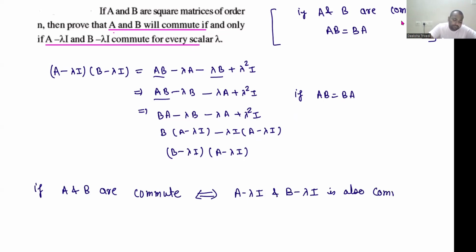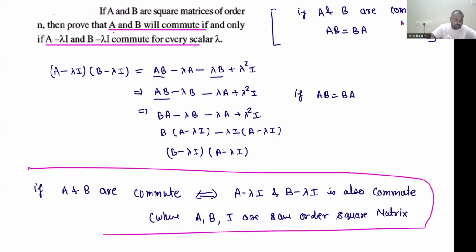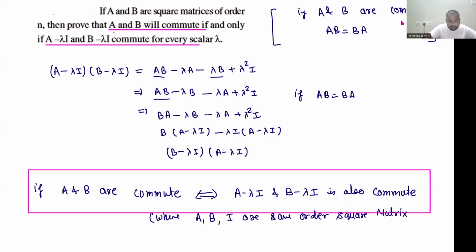Commute means commutative, for square matrices of the same order, where A, B and I are square matrices of the same order. Correct? So if A and B commute, then A minus lambda I and B minus lambda I also commute.